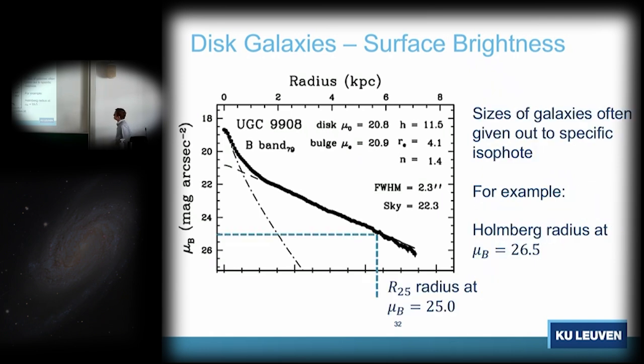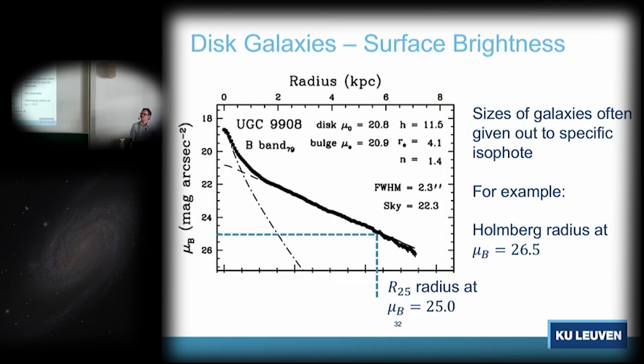Now, when we talk about the galaxy radius, the size of the galaxy in the table, you remember I alluded to the R25 radius. And this R25 radius is simply defined as the radius where the mu magnitude is 25 in the B band. Okay? So in this case, that would be the characteristic visible radius of this galaxy.